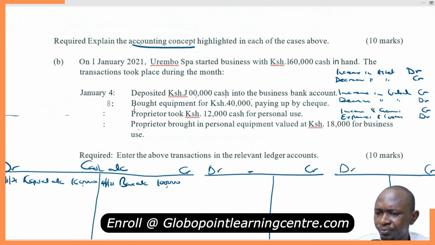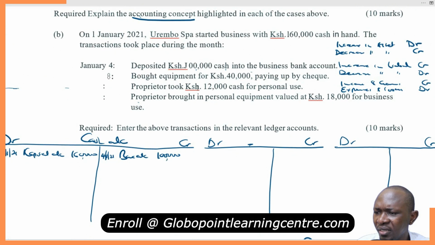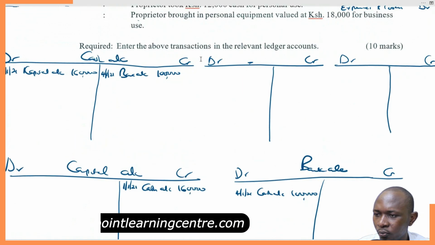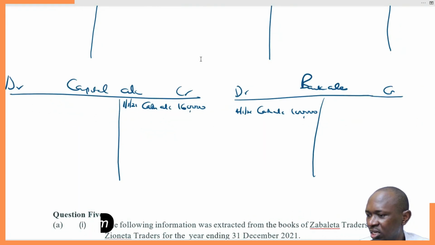Then on 8th, bought equipment for 40,000 paying by check. So we paid by check, so money in the bank reduced. We simply say on 8/1/21, bought equipment, so we say equipment account, 40,000.